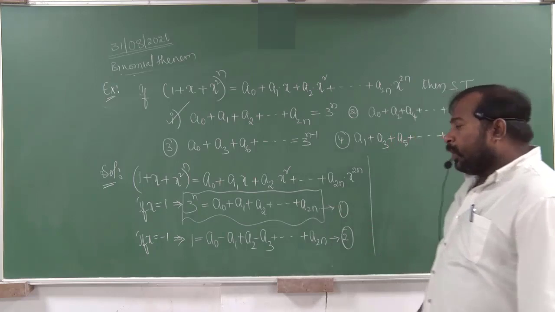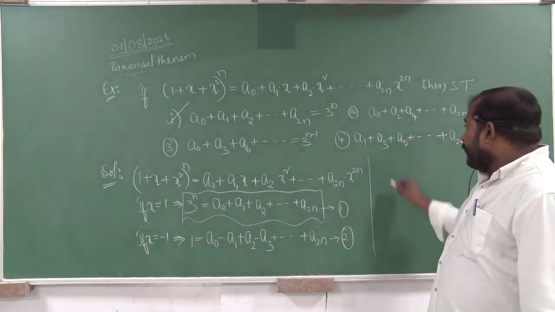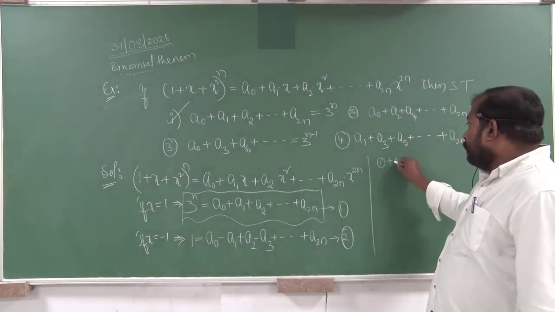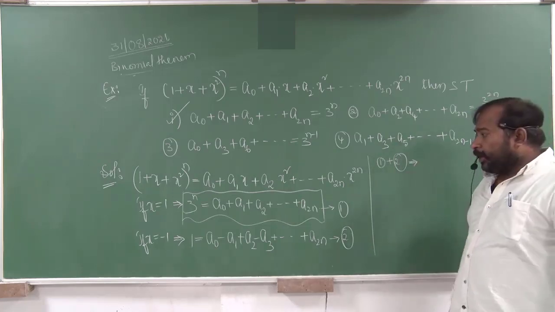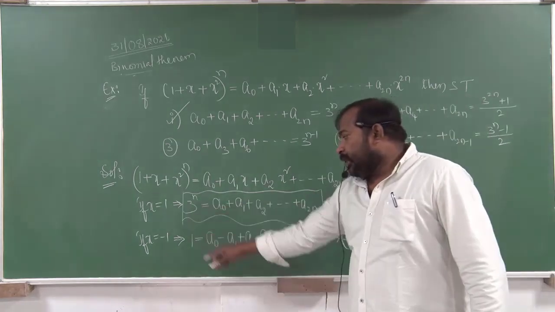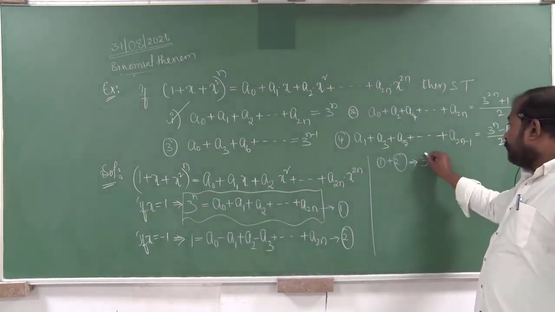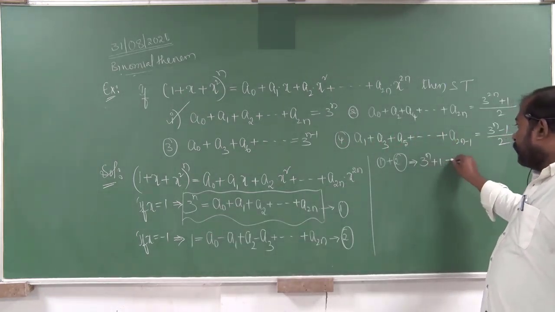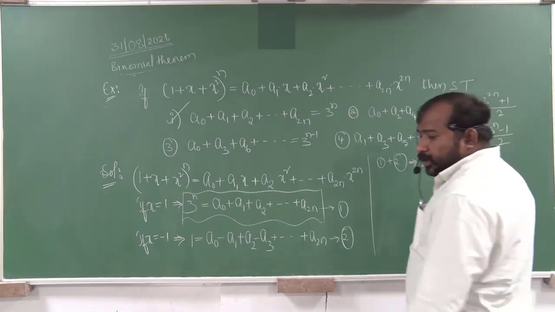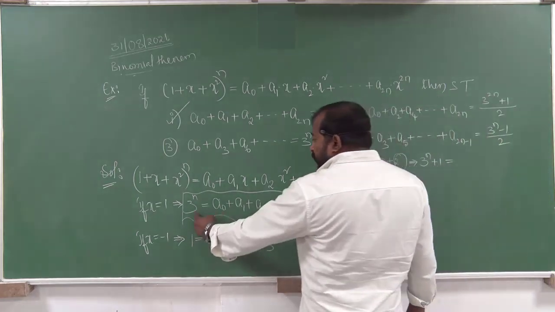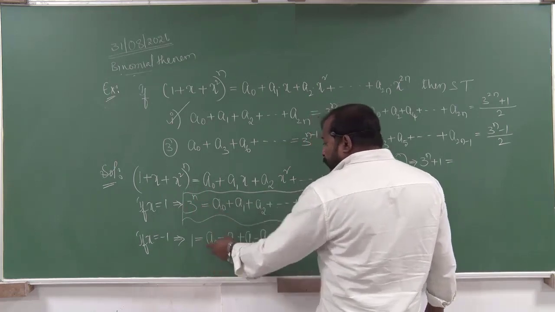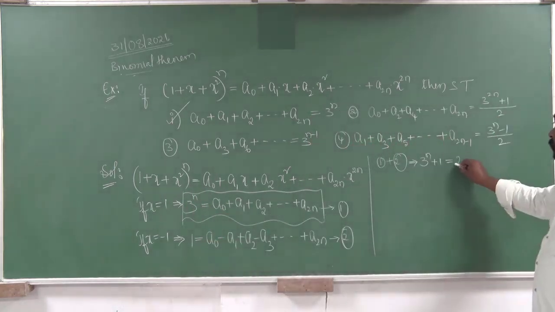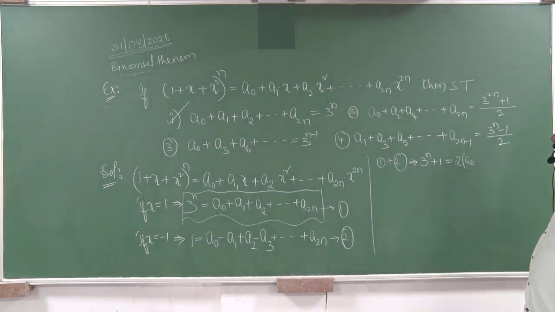Add these two: equation 1 plus equation 2. Then what can I get? Tell me, here is the value. On this side, 3 power n plus 1 is equal to. Got it? If I add these two values, this is 3 power n, this is 1. So 3 power n plus 1 is equal to a0 plus a0, 2 times a0. a1 minus a1 cancel.